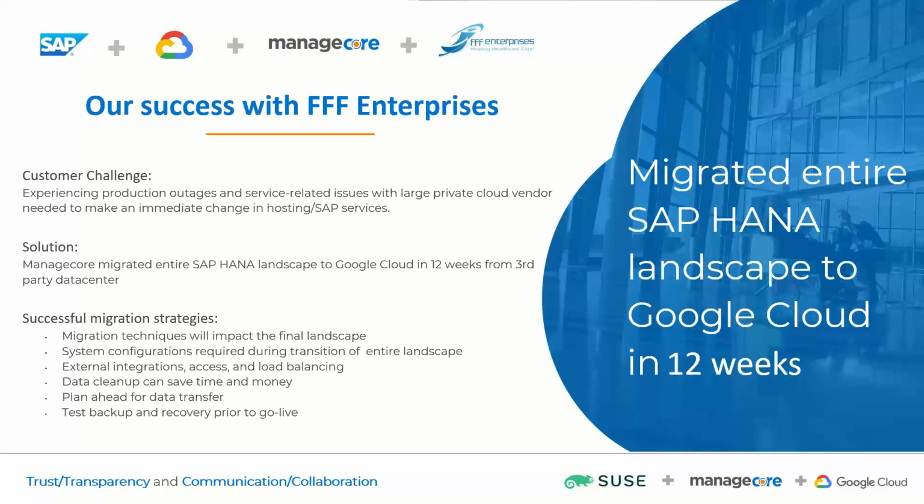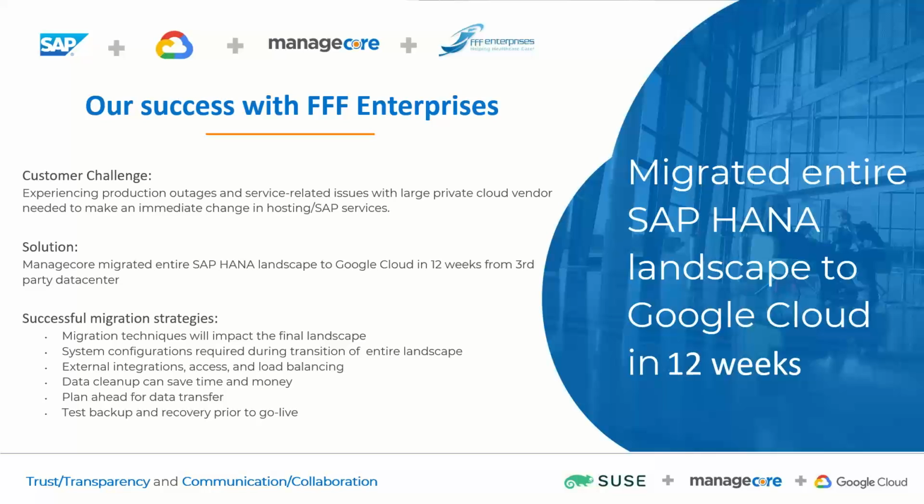They were a net new deployment on SAP several years back, and that deployment continued to linger them in a private cloud that they were in. They had multiple outages, and multiple outages equated to many, many hours of downtime, right? Some of the outages were over 8 hours of downtime, and FFF leadership took a step back and said, we need to make this change.